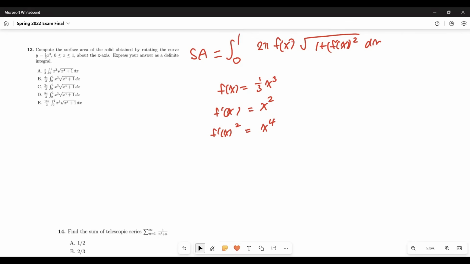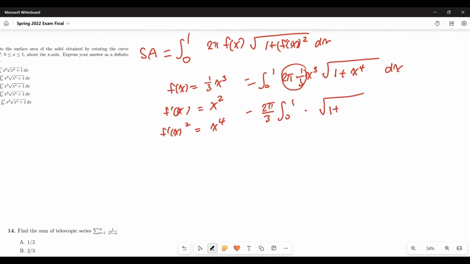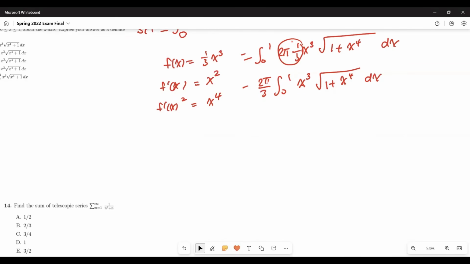So this is just going to be the integral from 0 to 1 of 2 pi times 1 over 3 x cubed times the square root of 1 plus x to the fourth dx. The 2 pi over 3 can come out because they are constants, and this is x cubed times the square root of 1 plus x to the fourth dx. For this one now, you can use u substitution.